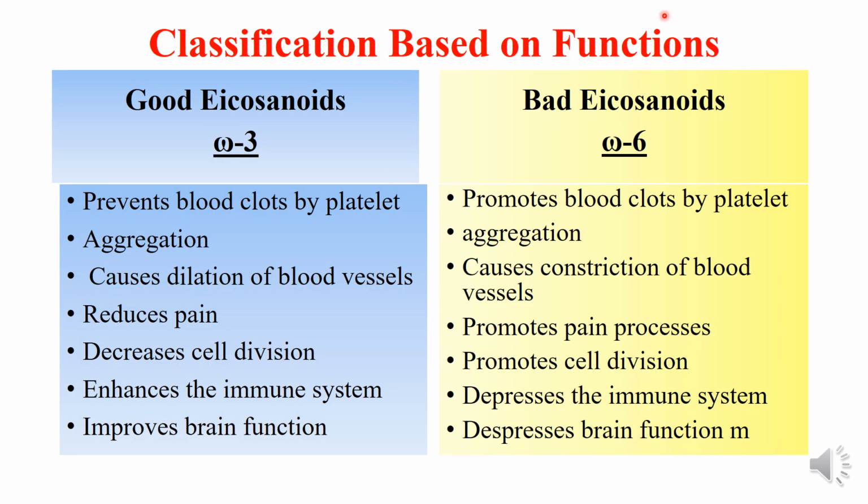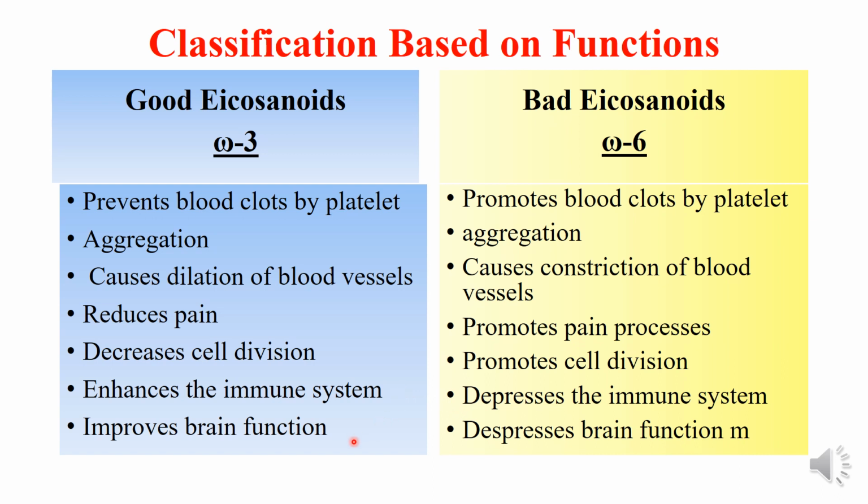The classification of prostaglandins can also be based on the fatty acid, or the PUFA, from which they are produced. So there are good eicosanoids and bad eicosanoids. The good eicosanoids are produced from omega 3 fatty acids because they prevent blood clots by platelet aggregation. They cause dilation of blood vessels, they reduce pain, they decrease cell division, they enhance the immune system, and they improve brain function.